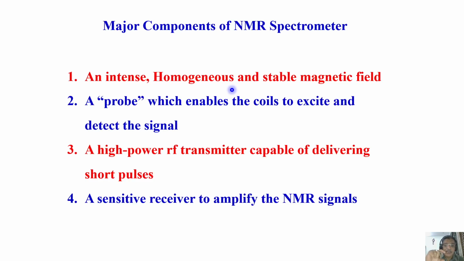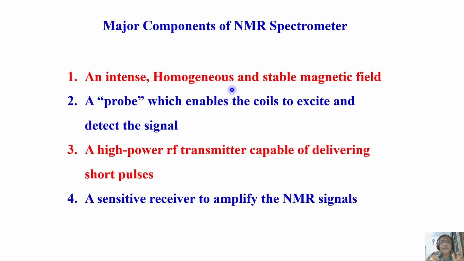Over that entire receiver coil area where we are going to collect the signal, the magnetic field has to be perfectly homogeneous. The homogeneity should be 1 part in 10 to the power of 10, so that in a spectrometer of higher frequency like 600 megahertz or 1000 megahertz, you must be able to differentiate 2 peaks separated by 0.1 hertz. That much is the resolution you require.